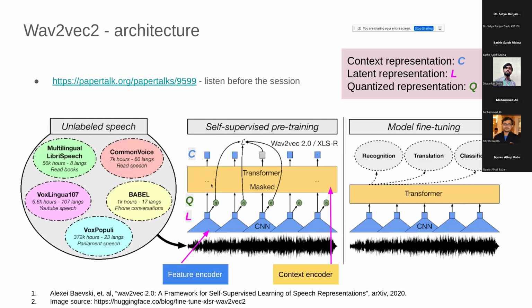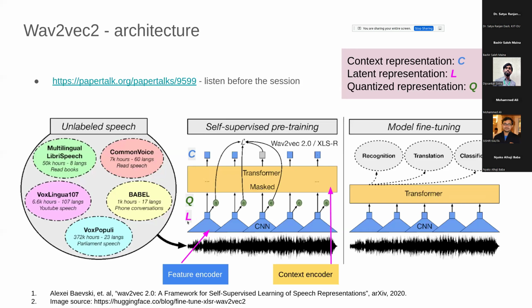Whatever you are passing from the CNN layers, that output is called the context vector. Then this one is called Q, I think, a learned parameter or learned context, some representation you are getting. Then they quantize this representation, and another representation, this L, they are generating.